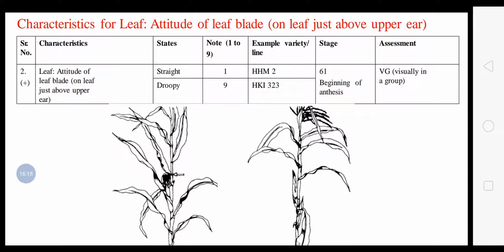As you can see, maize may have a single cob or multiple cobs, and in the case of multiple cobs, we should concentrate on the topmost cob because it tends to be more vigorous compared to the other cobs. In this character, straight and droopy are taken. Straight is given score 1 and droopy 9. Here also the character is taken visually in groups.